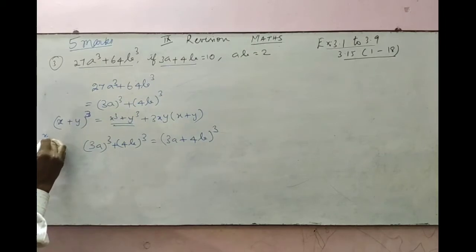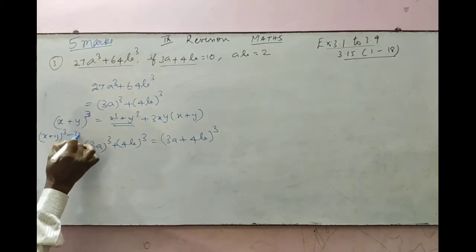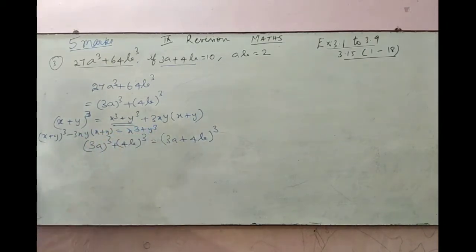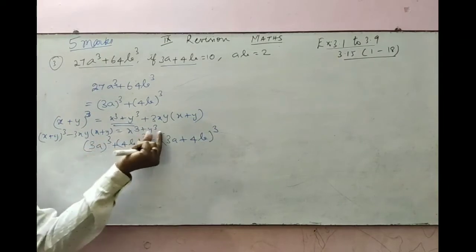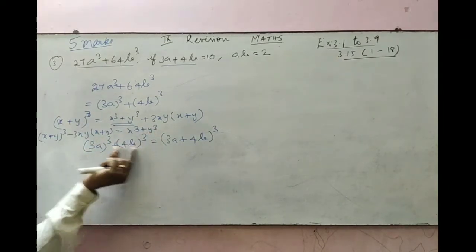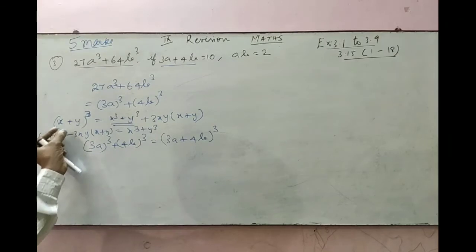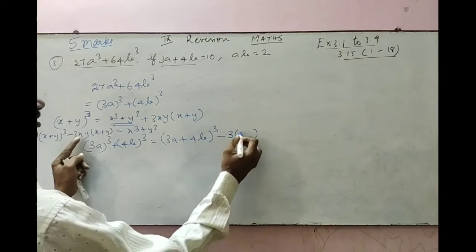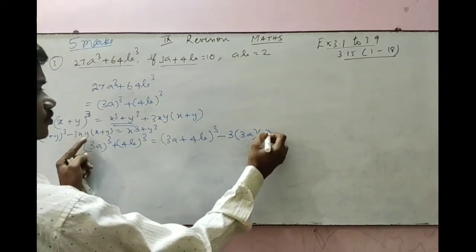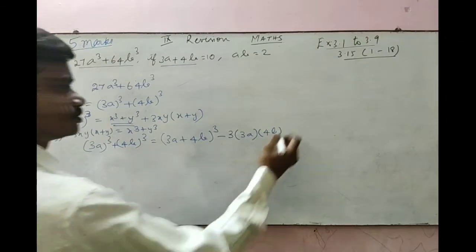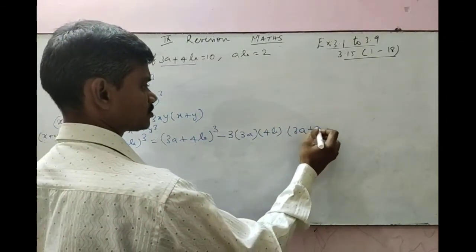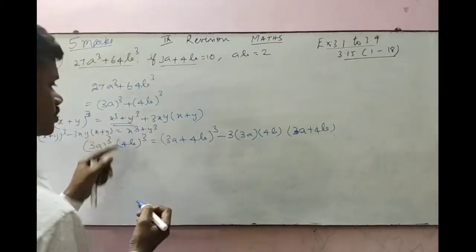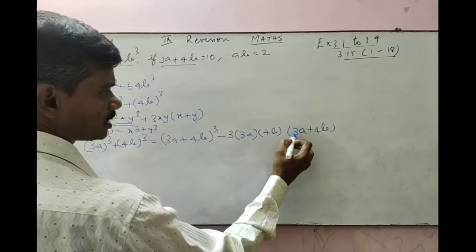We get x plus y whole cube minus 3xy into x plus y as x cube plus y cube. Instead of x I am going to substitute 3a. Instead of y I am going to substitute 4b. So substitute here, you will get 3a plus 4b whole cube minus 3 into x, x is 3a, y is 4b, into 3a plus 4b. Because here we have x plus y, instead of that I am going to substitute 3a plus 4b.